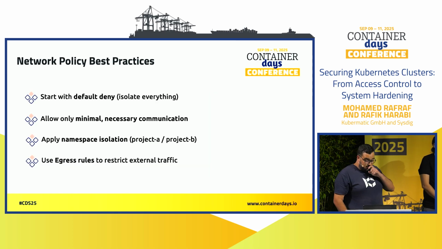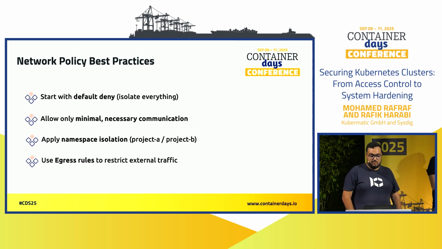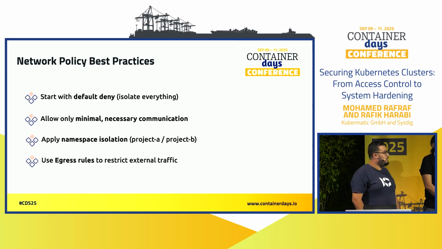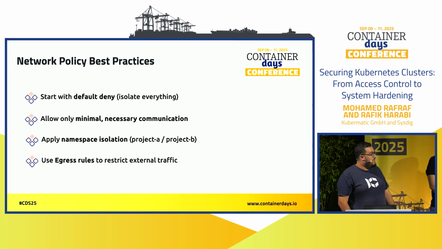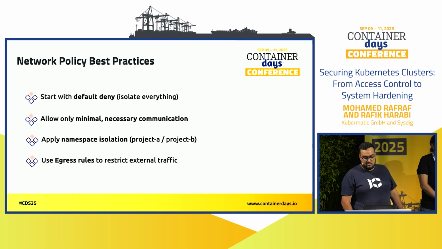And when it comes to network policy and best practice, it's always recommended to start with default deny. You just block everything the first time and allow some minimal communication, and then don't forget to apply some namespace isolation to avoid communication across multiple namespaces if not needed.